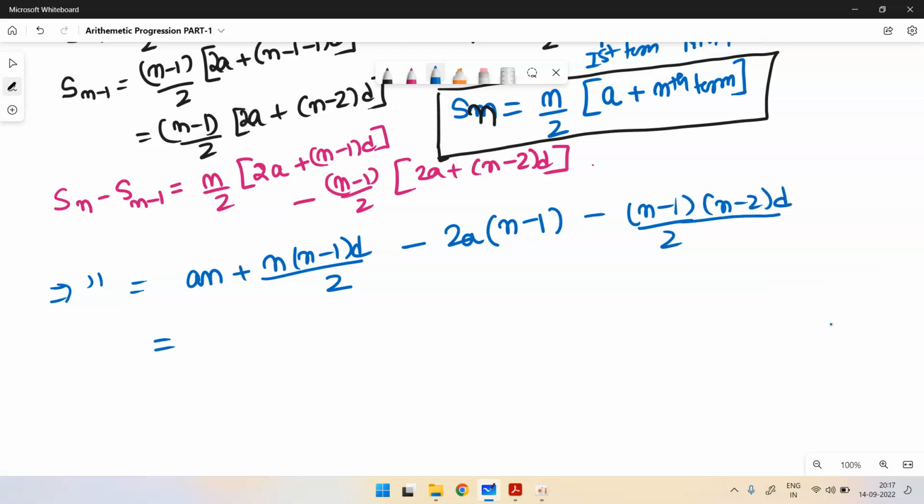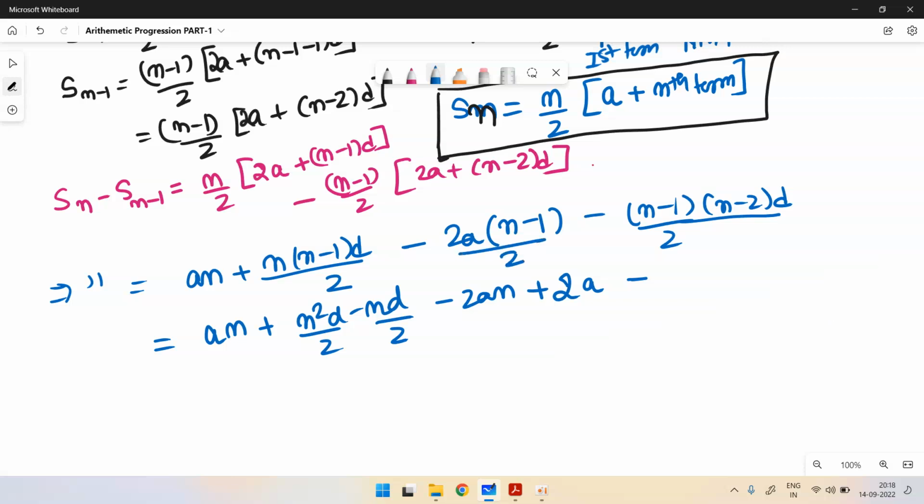Now here this is n into n, plus this is n square d minus n d by 2. This is minus 2an plus 2a. This is again minus, so this is my by 2.